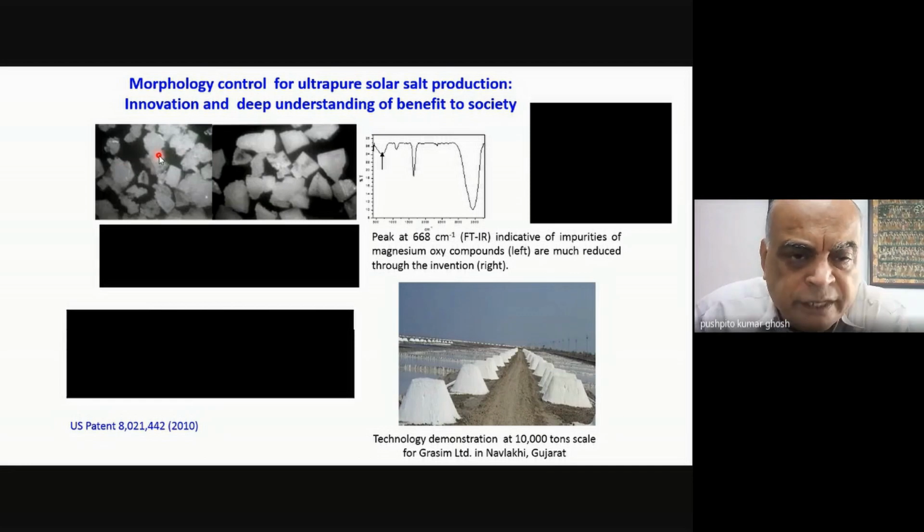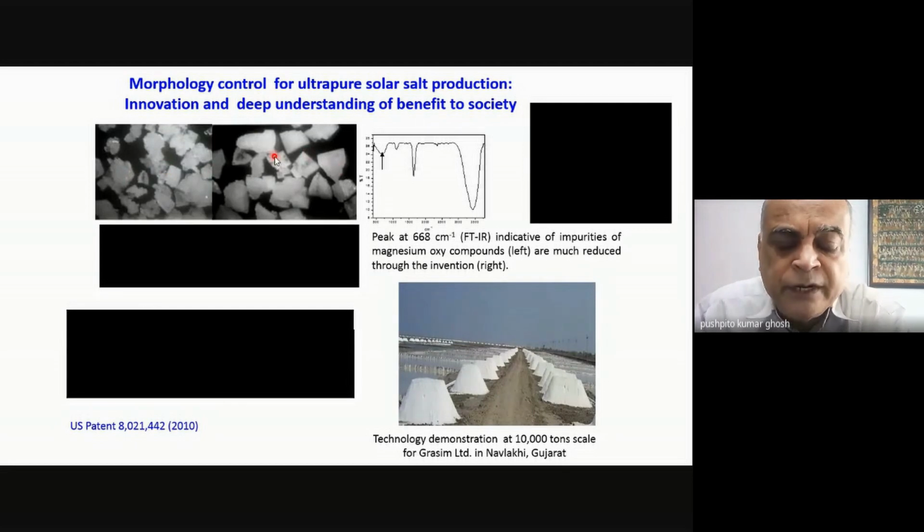When we saw this and we realized that there are impurities at the boundaries, we did something extremely simple, whereby we were able to make the crystals larger. You can see these look more like blocks of ice, so bigger crystals than in this particular case.